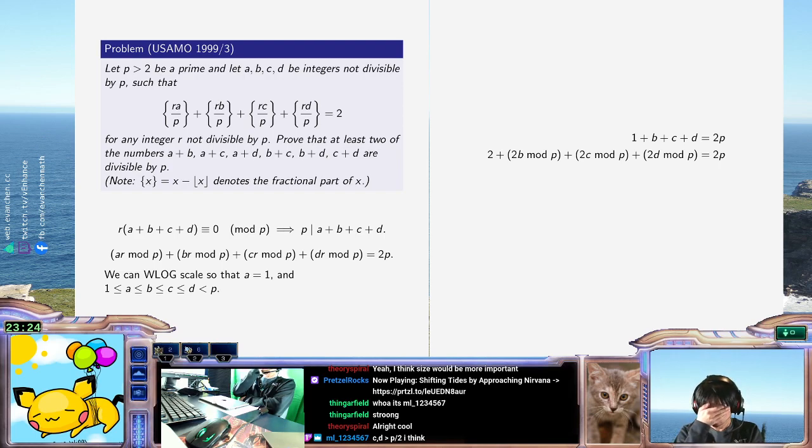Never mind. I almost want to take floors or something like that. I almost think I should have taken floors to start.